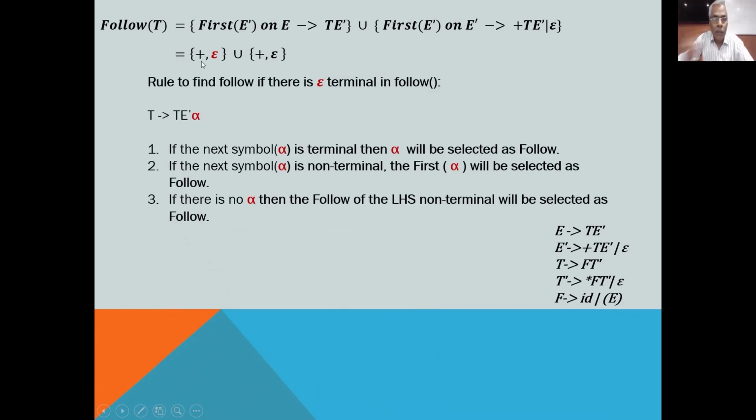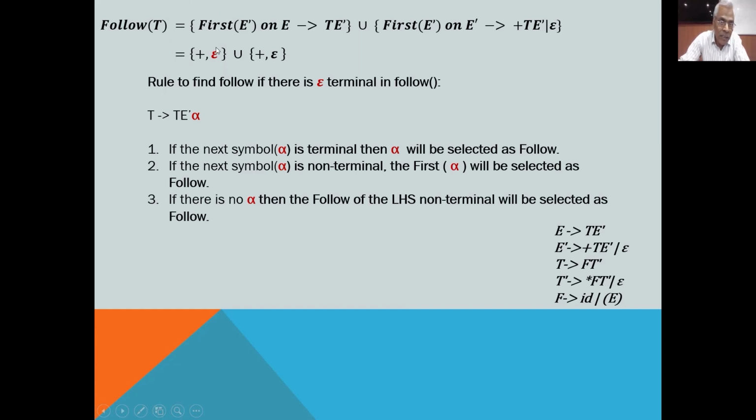If there is a null symbol in follow, then we remove this null, because in follow there will be no null symbol.